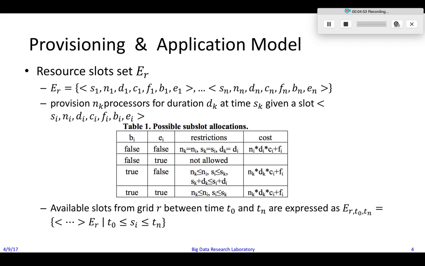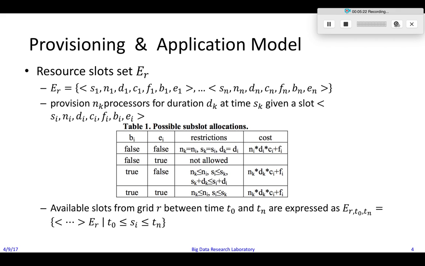So let's move on to the computing resources provisioning model. In the grid, the computing resources can be treated as different kinds of resource slots. It means that you can cut the whole computing resources into different pieces, and each piece can be treated as a slot. Each slot is composed of 7 tuples.